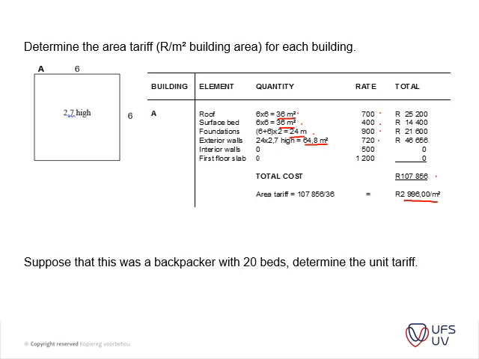Now suppose that this was a backpacker with 20 beds. Determine the unit area. I've just put in some examples here to explain the rest of the methods of calculating your unit rates and your cube method and so on. Let's go to the next slide. Here we see you've got your beds and your total cost for that building.